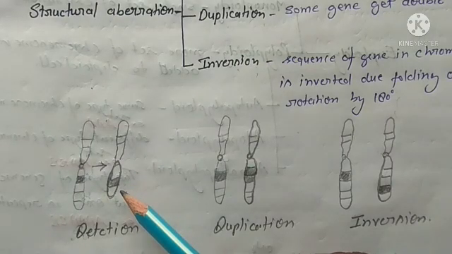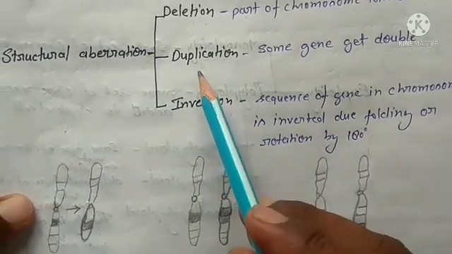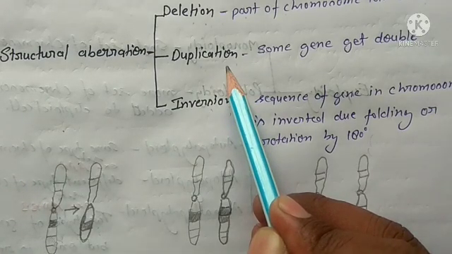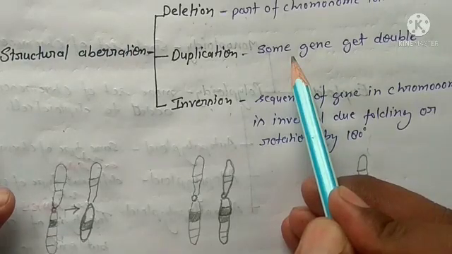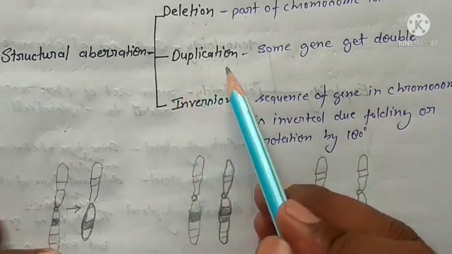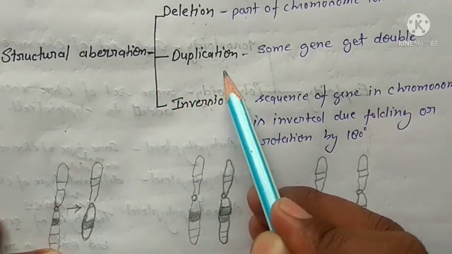Now we discuss the next structural aberration, which is duplication. Duplication means that when a portion of a chromosome, or a gene of the chromosome, is doubled, that aberration is known as duplication.